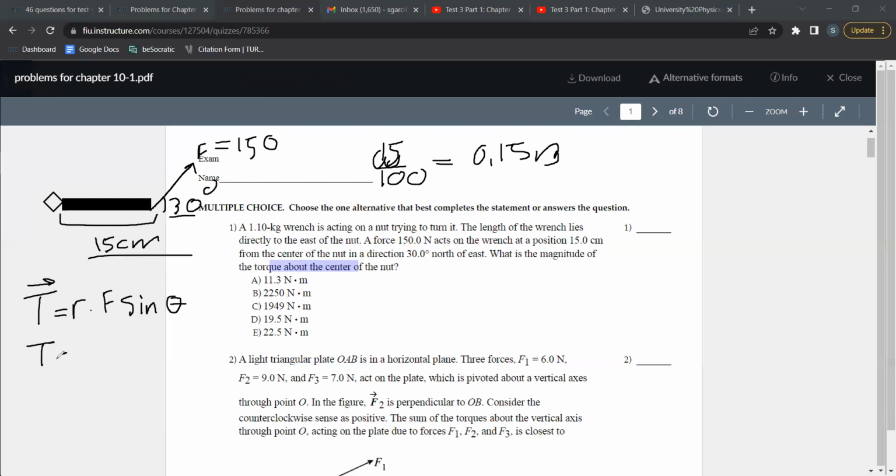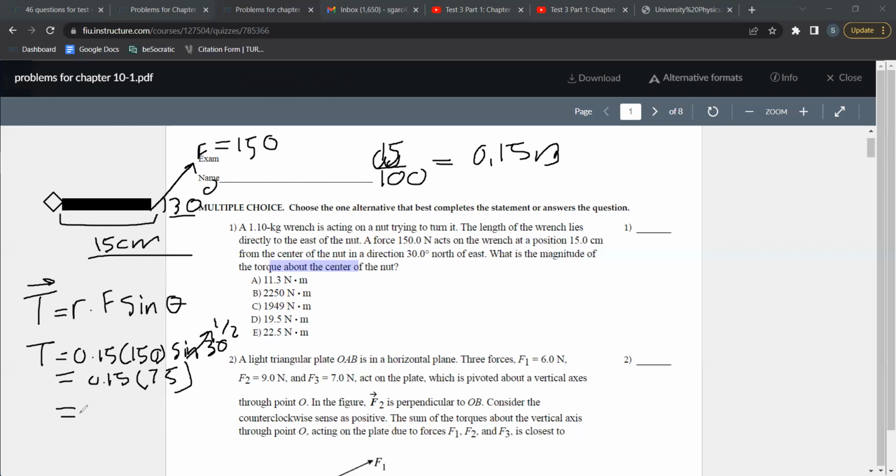T is equal to 0.15 times 150 times sine of 30. So that would equal 0.15 times, sine 30 is 1/2, I believe. So 150 divided by 2 is 75.